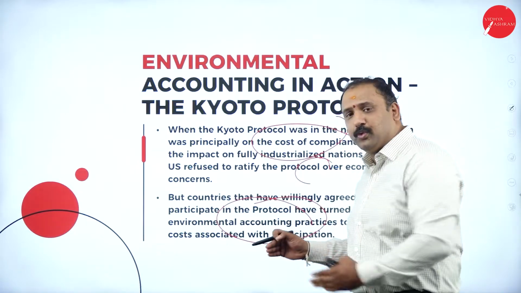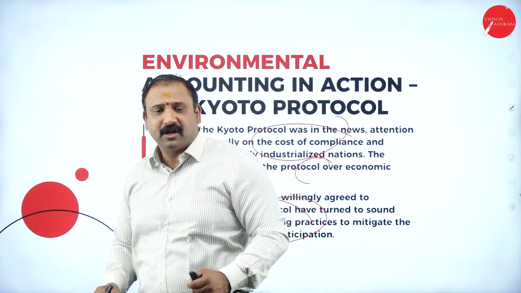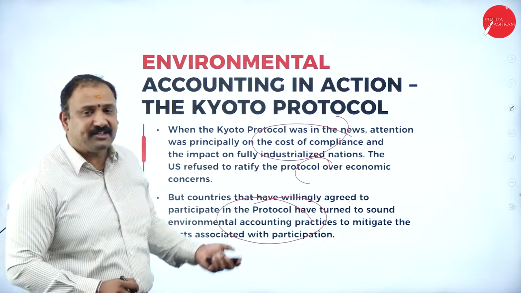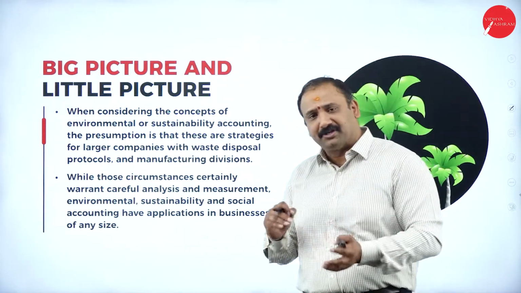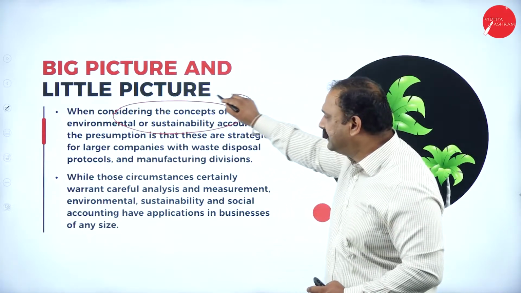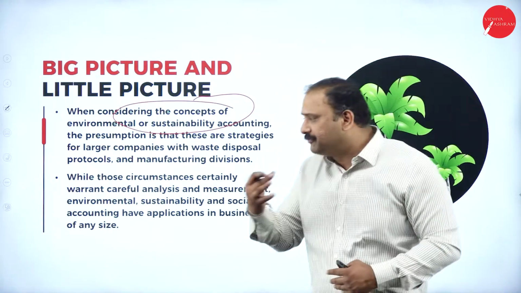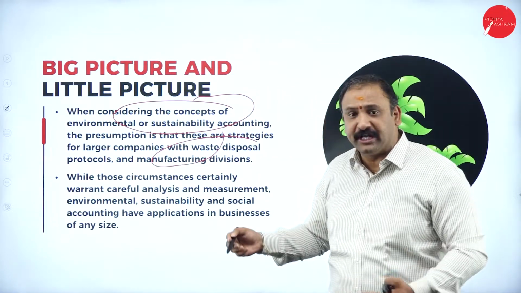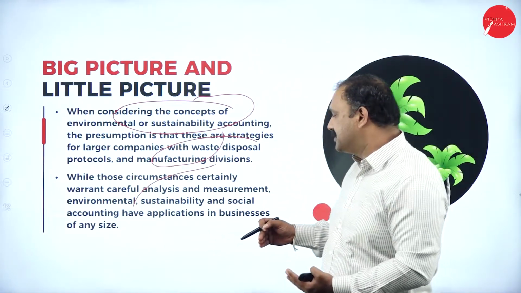So what we were trying to say here is that though the advanced nations refused at the first instance, the smaller countries took this as a challenge, implemented it, and stood as an example for the advanced nations to follow up. Now, we are also talking about a very important factor called the big picture and the little picture. The big picture here is that when you consider environmental sustainability and accounting standards altogether, the presumption is that larger companies with waste disposal protocols and manufacturing circumstances definitely warrant careful analysis and measurement.